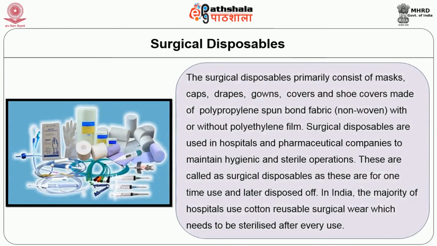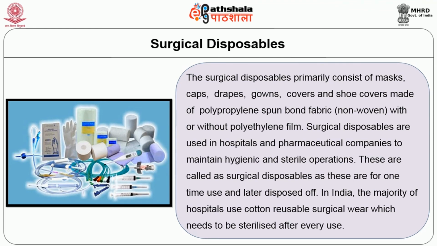Next, we shall be seeing about surgical disposables. Surgical disposables primarily consist of masks, caps, drapes, gowns, covers and shoe covers made out of polypropylene spun bond fabric with or without polyethylene film.